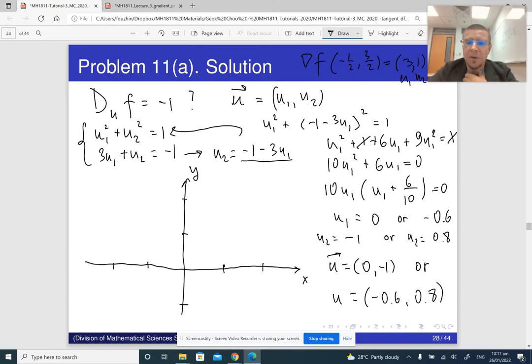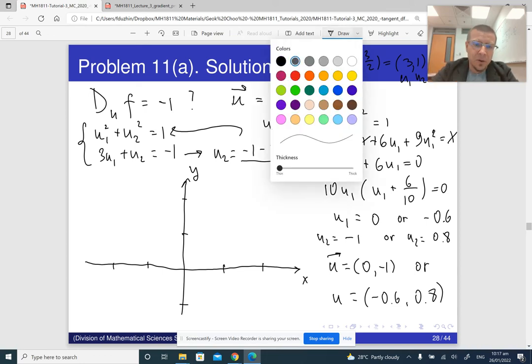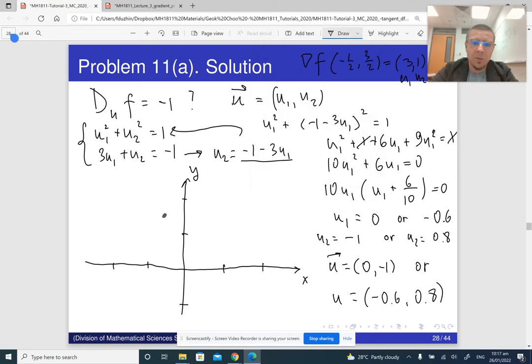Now I need to find the point (-1/2, 3/2). So, taking a different color, the point at which we are considering everything is somewhere here. And so this is our point P, which is (-1/2, 3/2).